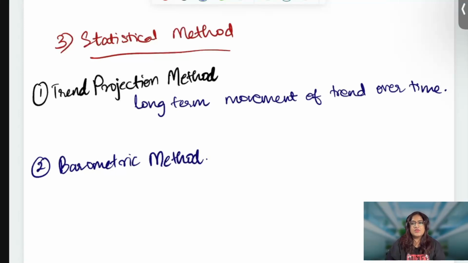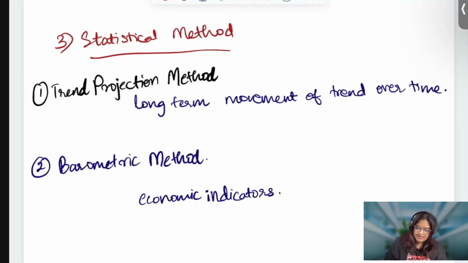These indicators may include employment rate, income levels, housing statistics, GDP growth, etc. These are leading, lagging, and coincident indicators. If the indicators change, they signal a future change in demand. So, this method is based on observing the broader economic signals. Based on the economic indicators, you will predict the demand.